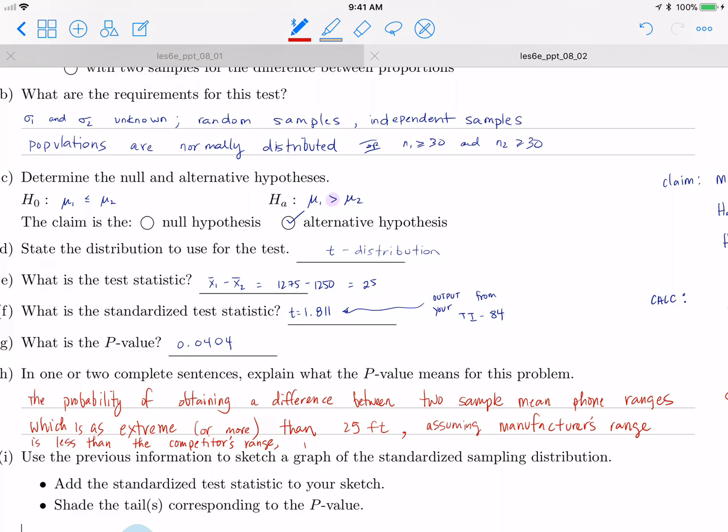That probability is 0.0404, which is approximately 4%.